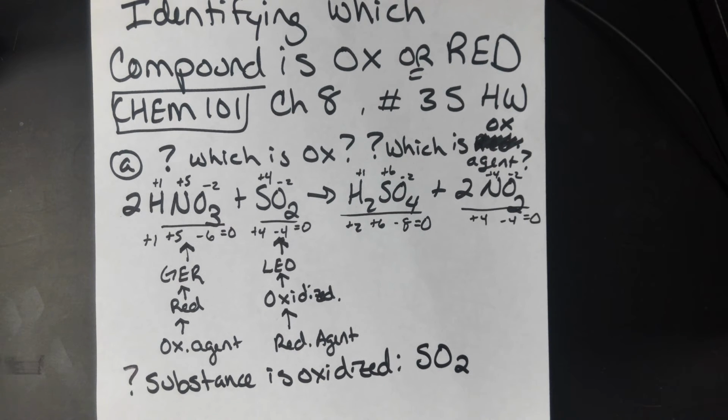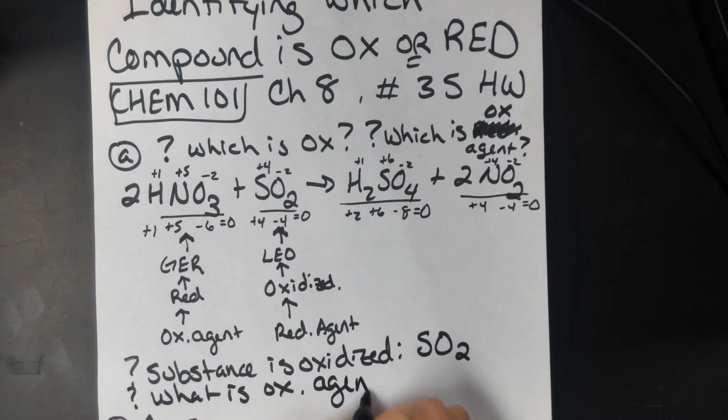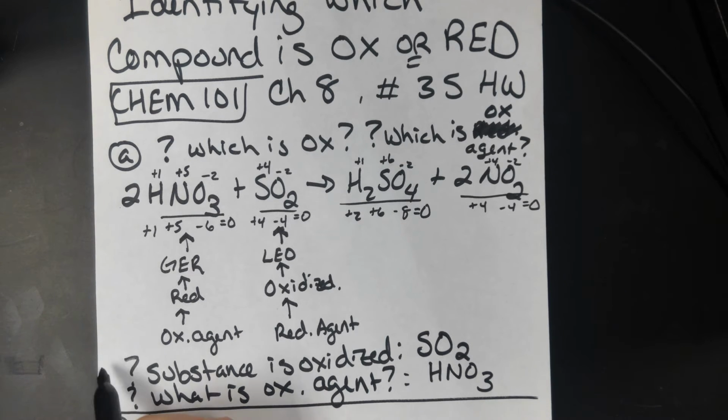You wouldn't just type the element. Then it asks, what's the oxidizing agent? You would type in the full formula, HNO3. That may be tripping up some people. So I believe that this is part A and this is part B.